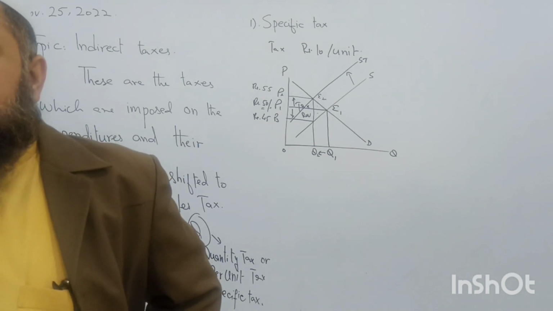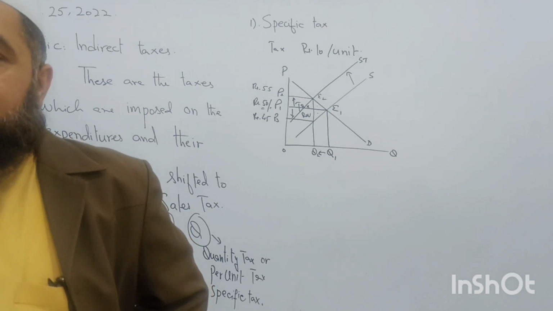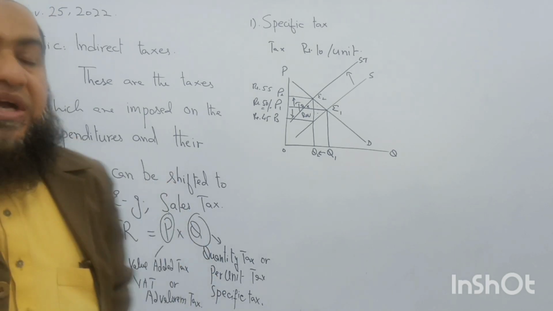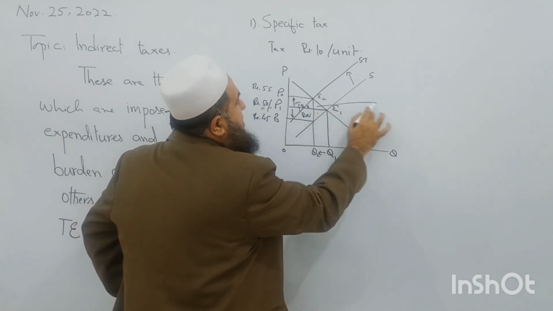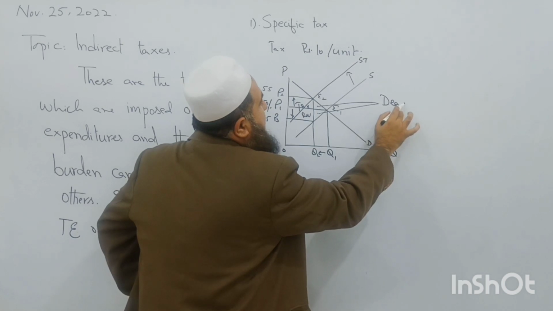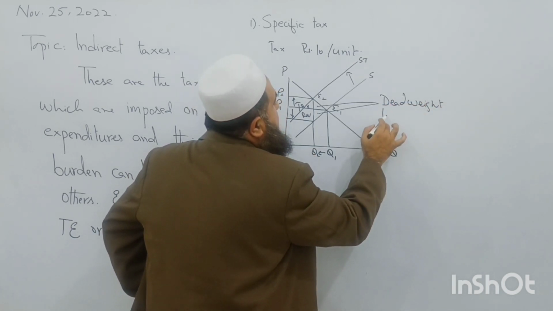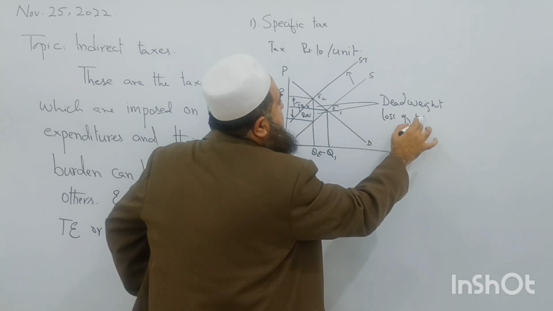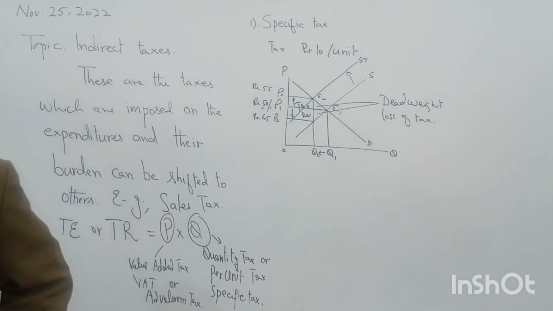Okay, so both consumers and producers are in the same market, they are living in the same society. So both the loss in consumer and producer surplus are collectively called the dead weight loss of the tax. Dead weight loss of tax to the society. This is the welfare loss due to the tax.